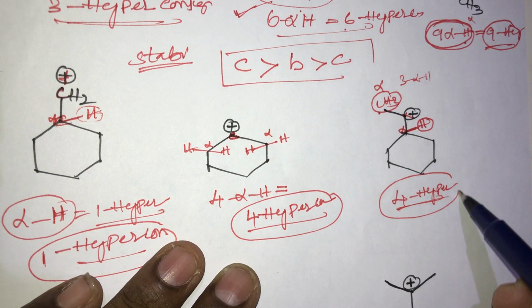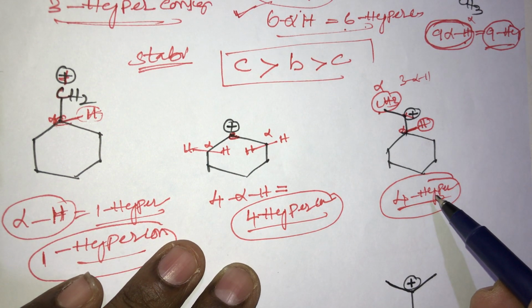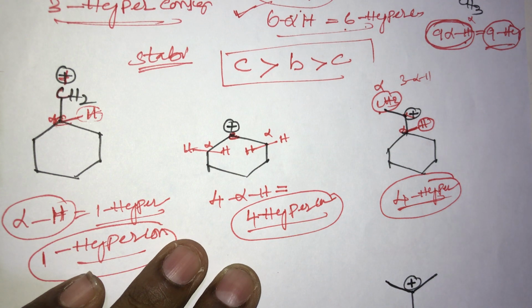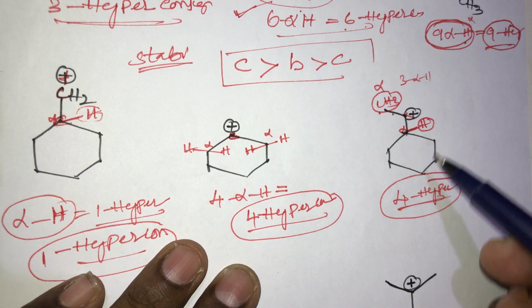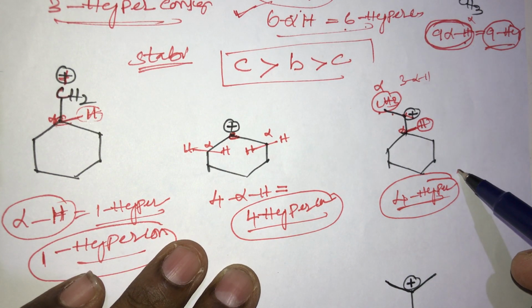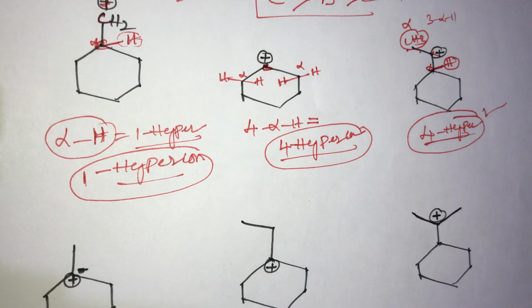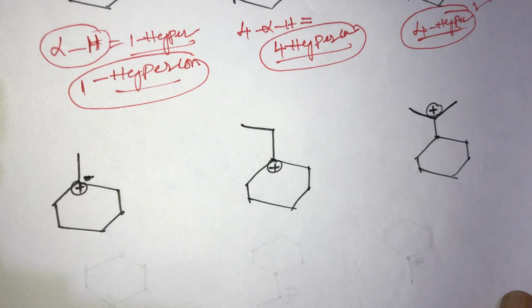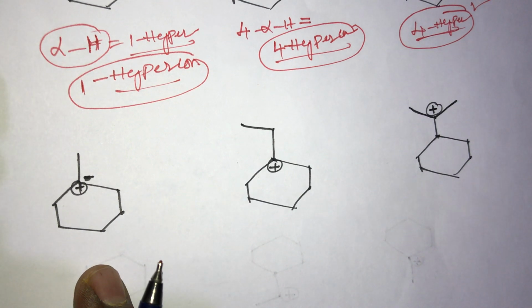Hyperconjugates depend on alpha hydrogens, so these 4 alpha hydrogens equal 4 hyperconjugates. So compound C also has 4 hyperconjugates. Next example: in this compound, how many hyperconjugates are there?